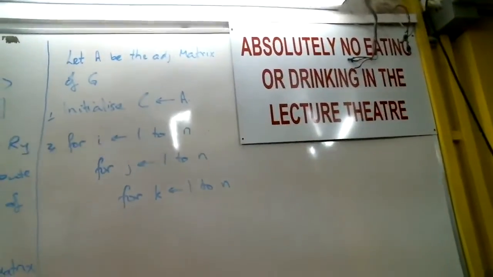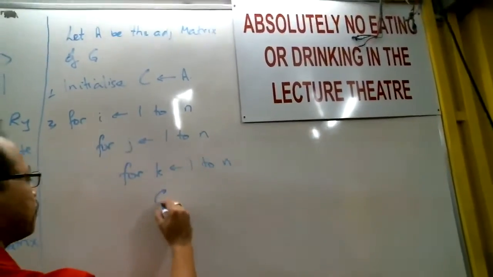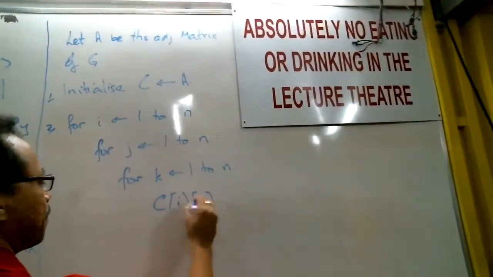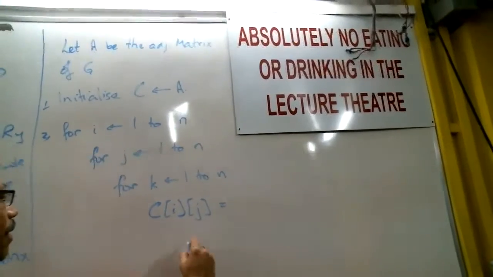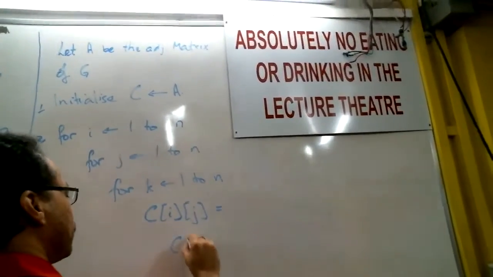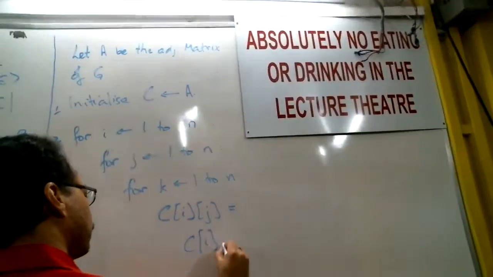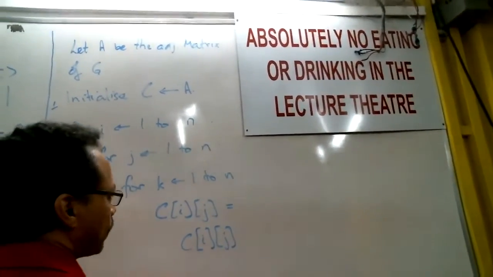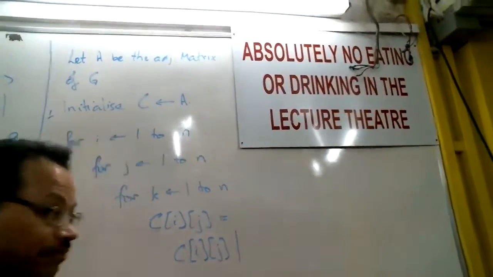And so what we're going to do is just update Cij to be either what it was before, or, using a good symbol for bitwise OR, can I use that symbol?